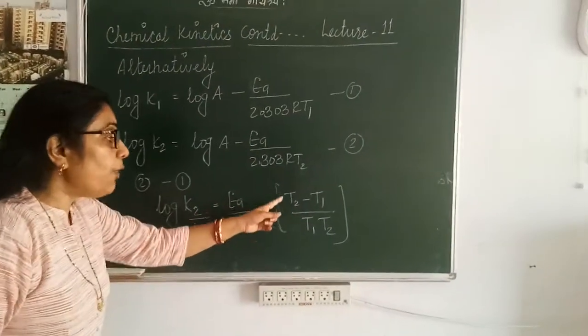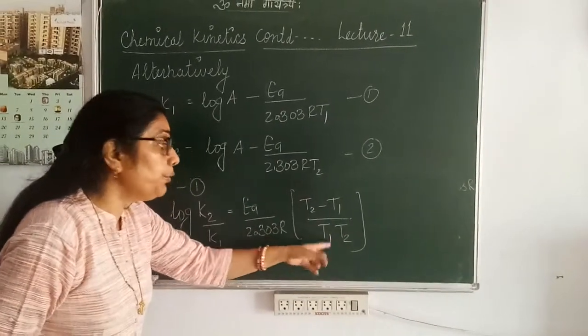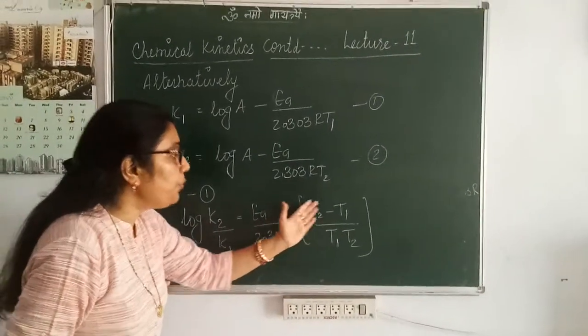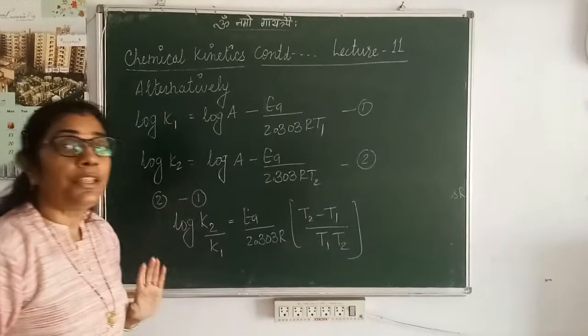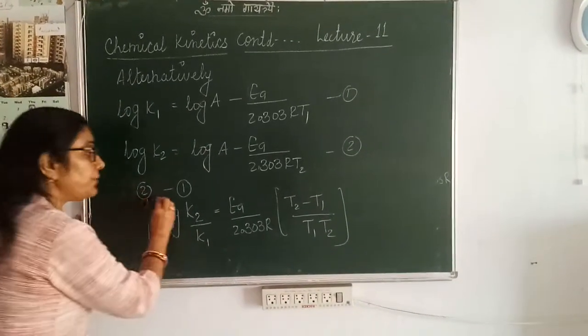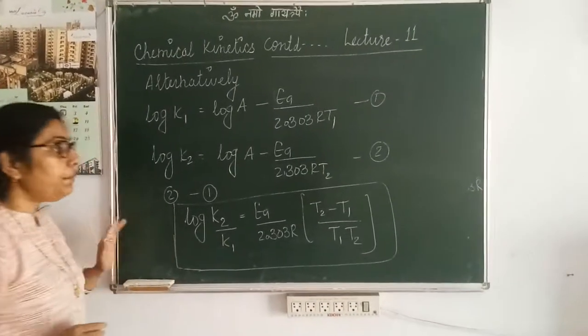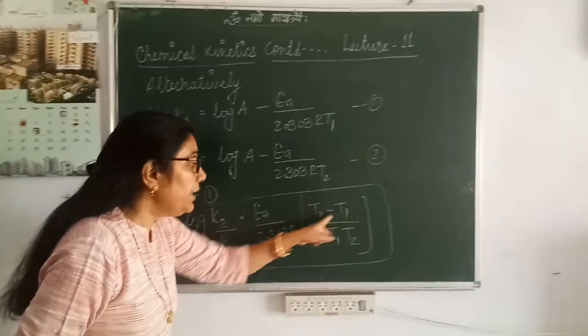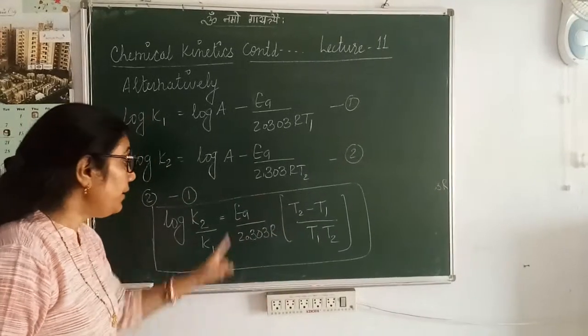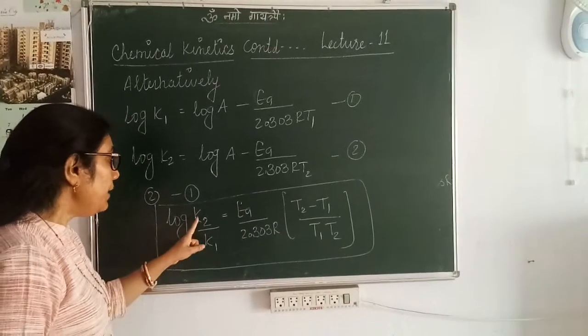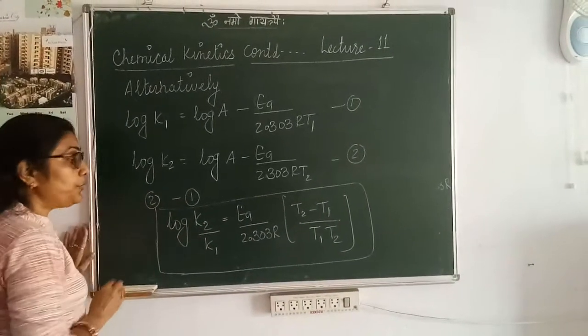We can write it as 1 by T1 minus 1 by T2, which in turn is equal to T2 minus T1 divided by T1 into T2. So this is a very important expression for numerical problems as well. T1 and T2 are two different temperatures. EA can be calculated if the values of K1 and K2 are given.